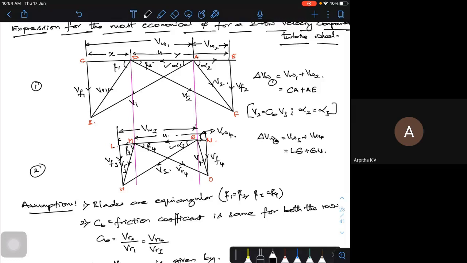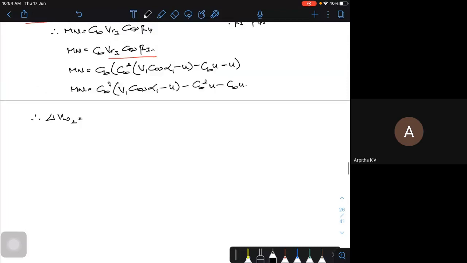So therefore, your VW2 is equal to Lm plus Mn. Let me take it to the left hand side a little bit. What is your Lm?